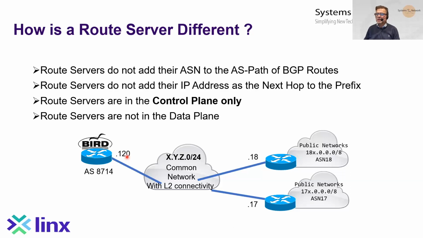What a route server does is it takes the route that's advertised by 18 over here, which is coming from, in this case, the .18 address and the AS18, and passes that on directly as is to organization 17 over here. So what organization 17 sees is this addressing coming from this address and coming from this autonomous system, and the same back in the other direction.